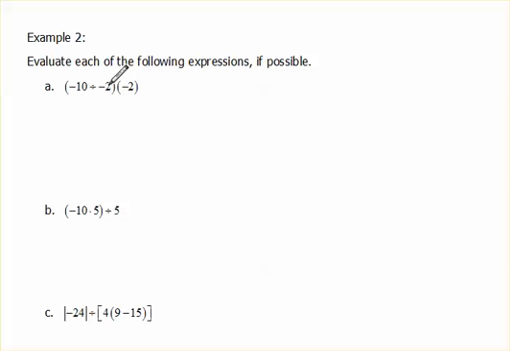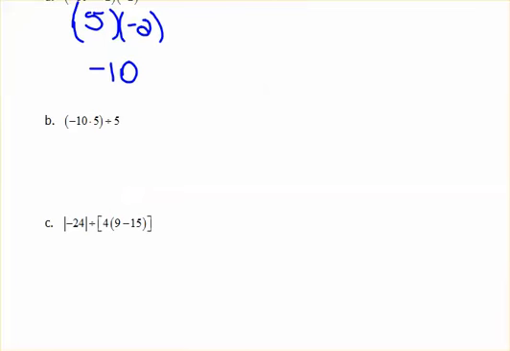We have 10 divided by 2, which is 5, and then the negative divided by the negative, same sign, means it's going to be positive. But then we also have to multiply that by the negative 2. So now 5 times 2 would be 10, and because the signs are different, our answer will be negative. Just worry about doing the multiplication and division first, and then worry about the signs later.